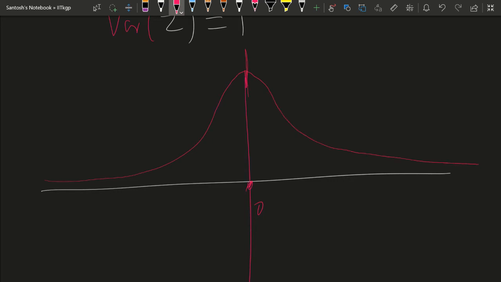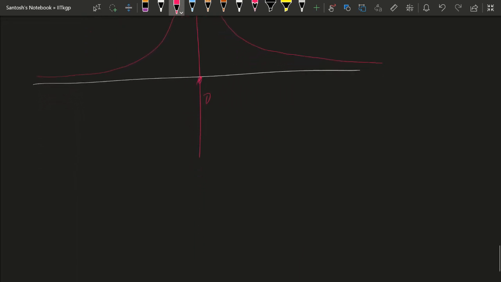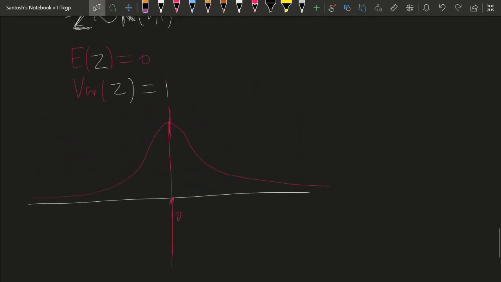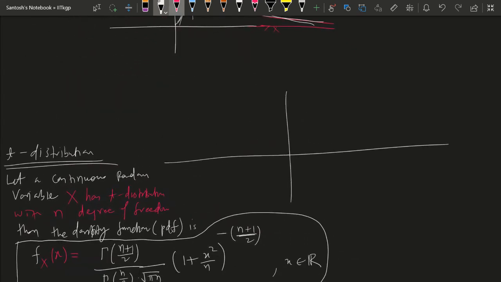And the t distribution is also similar, something like this.